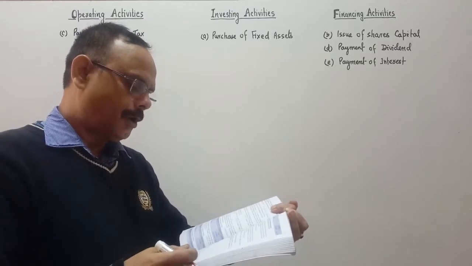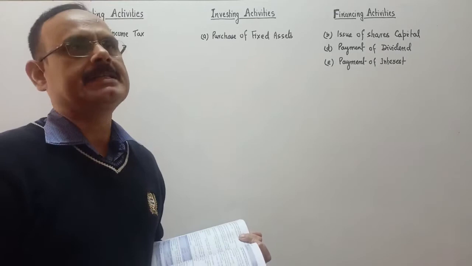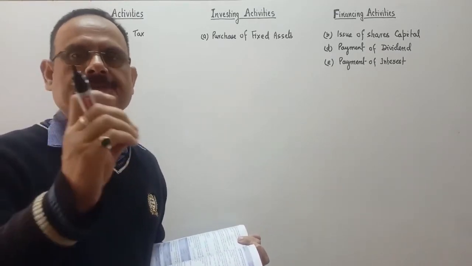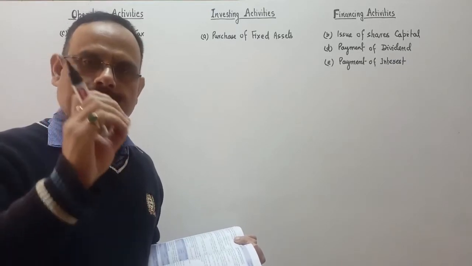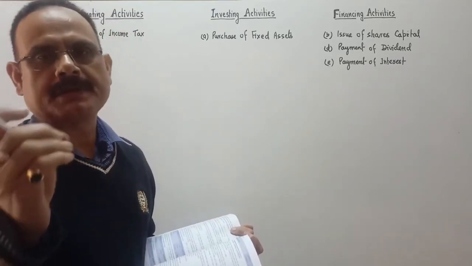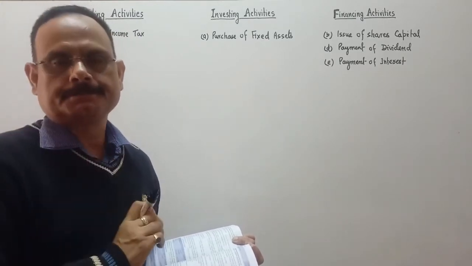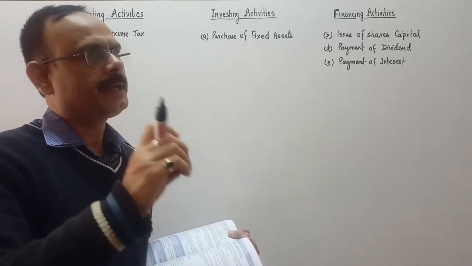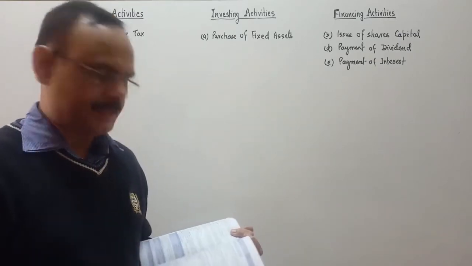Next is sale of long term investment. When we sell the long term investment, it comes under the investing activities. In investing activities, we have acquisitions and disposal of fixed assets and non-current investment, plus dividend received and interest received.